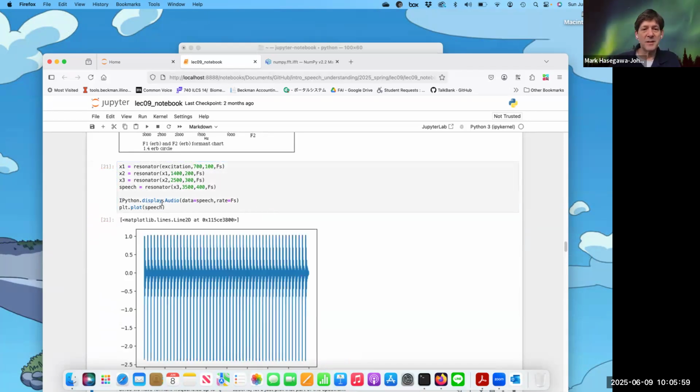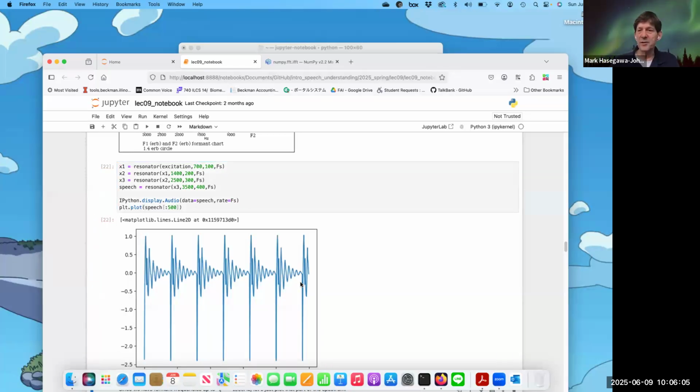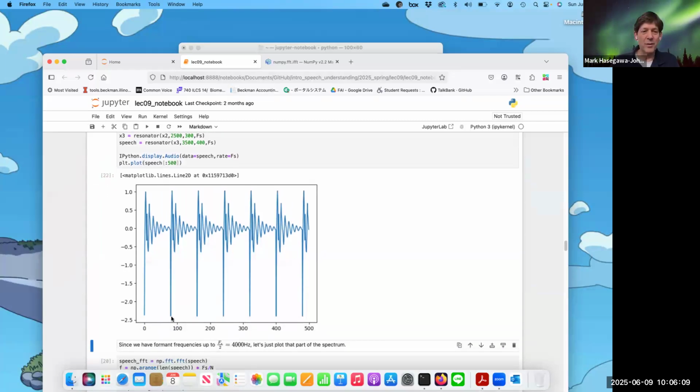So if I plot the speech signal, it looks like that. Let me plot just the first 500 samples maybe. The speech signal in the time domain looks like this, right? In the time domain, we've got one sample every f0.